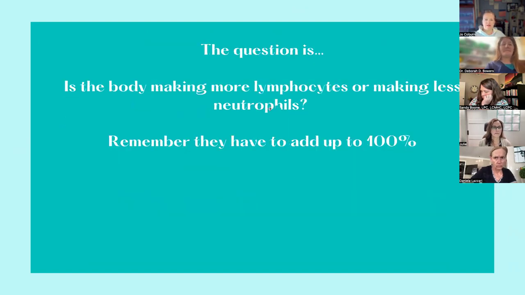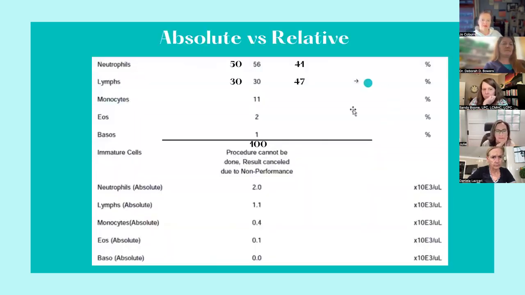That's the same slide. So the question is, is the body making more lymphocytes, or is it making less neutrophils? Because they have to add up to 100%, right?